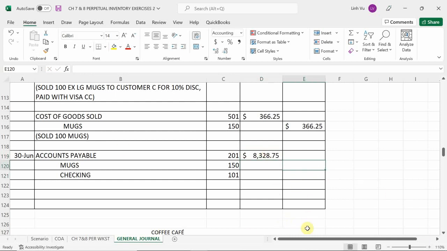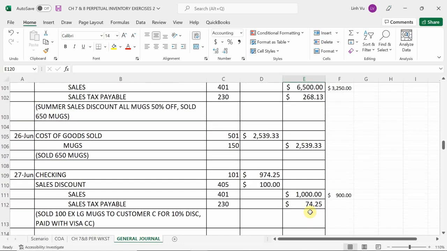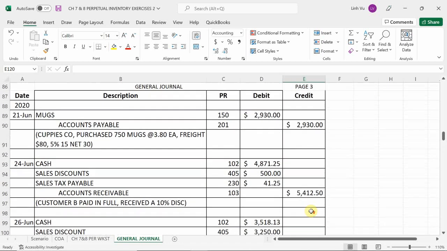Now, we need to figure out how much my discount is going to be off of my third batch of inventory. So my third batch right here, I paid $2,930. How much can I discount?